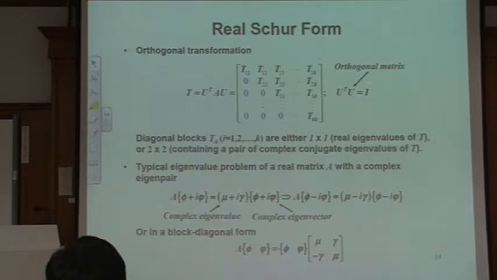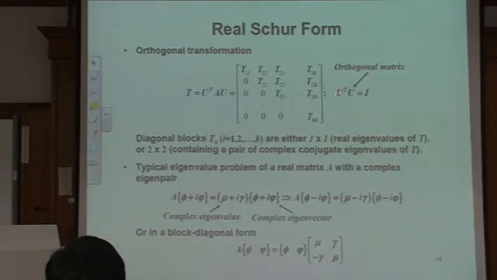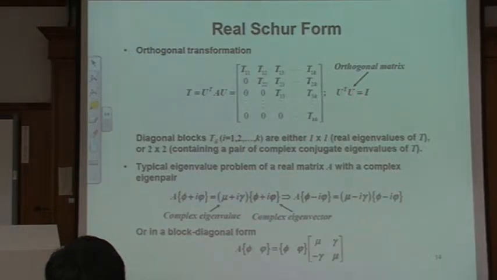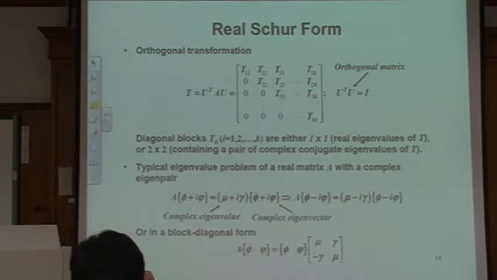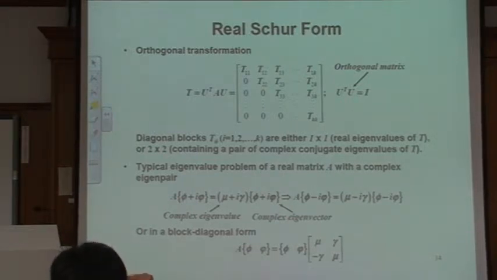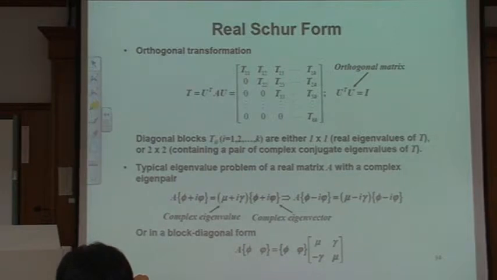And this matrix has this constraint here: U transpose times U equal to the identity. This kind of matrix is also called an orthogonal matrix. But you can remember the transpose. So U transpose times U equal to identity matrix, right?